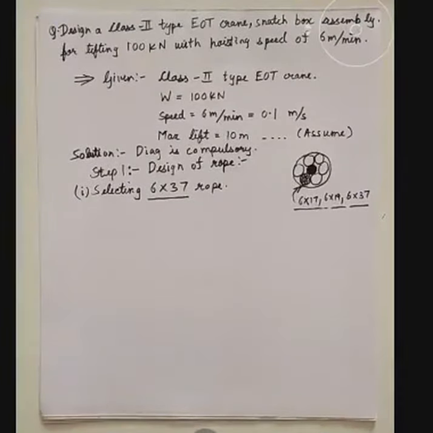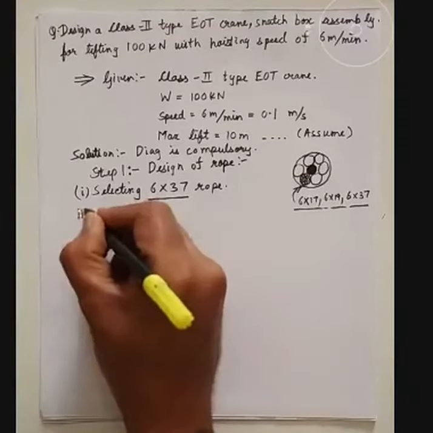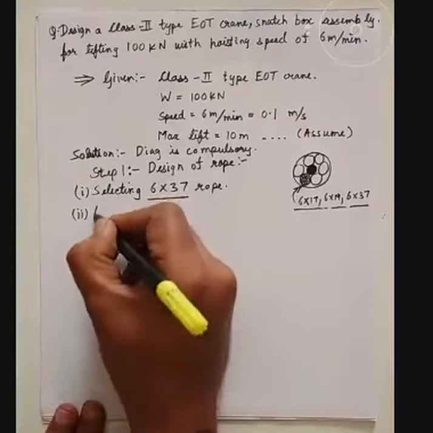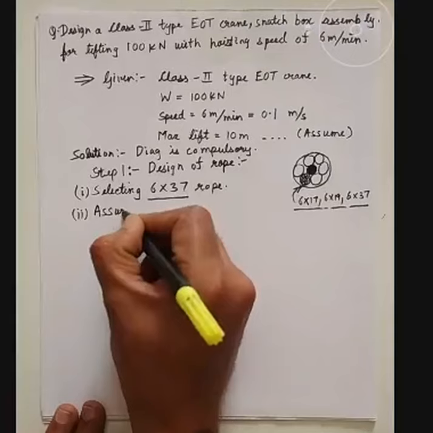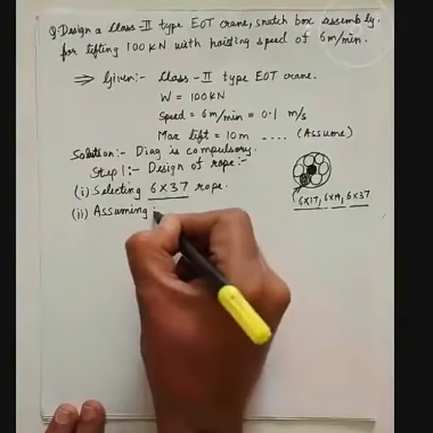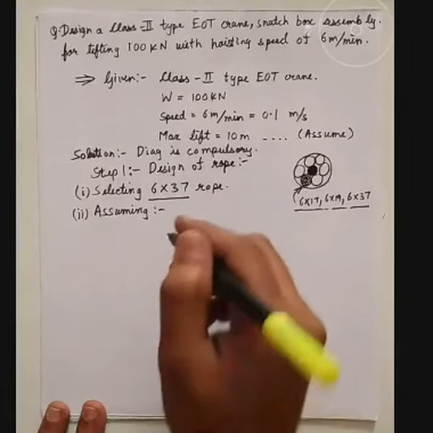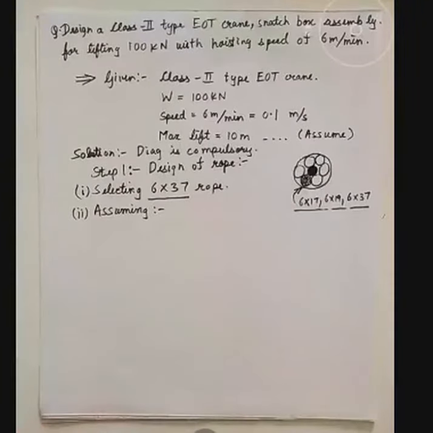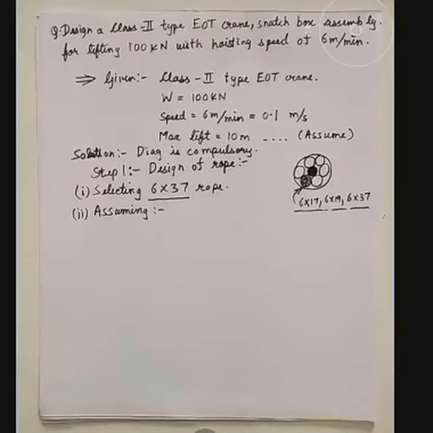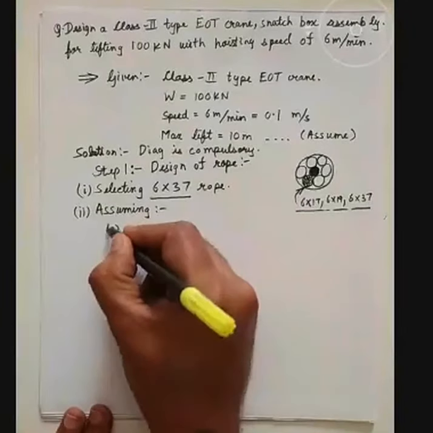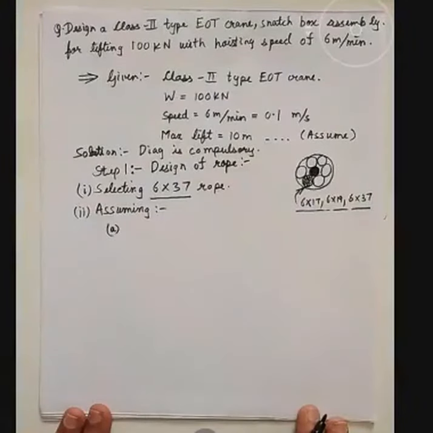Now moving on, sub step number 2 is assumptions. We will be assuming a few efficiencies, the number of falls and different kinds of things. I will let you know. Point number 1 in assumption.